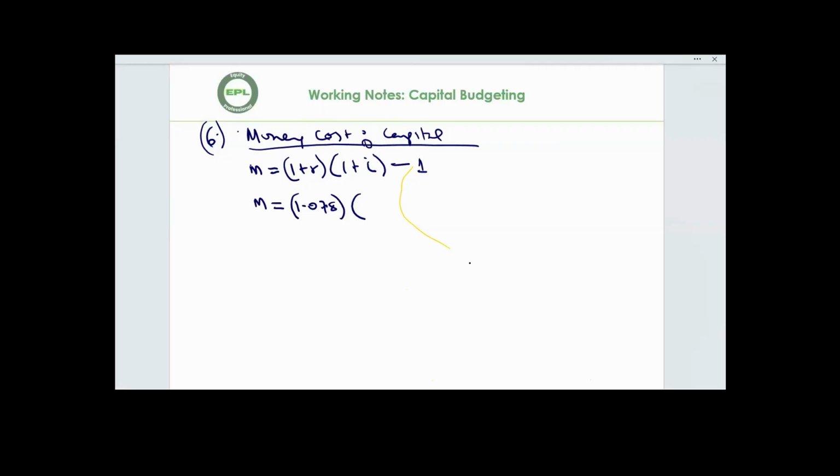According to this question, general inflation rate is 3%, so 1.03, all minus 1.